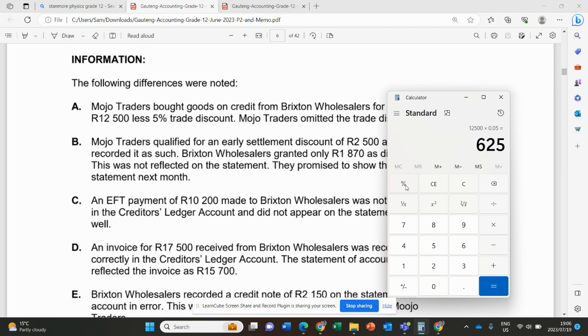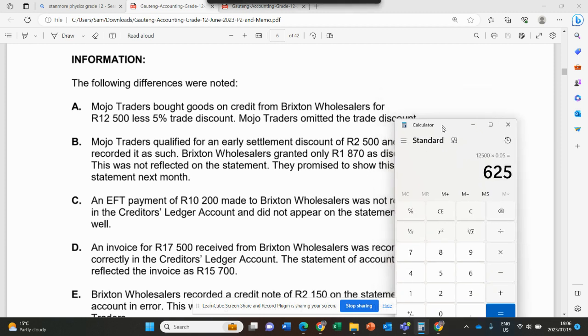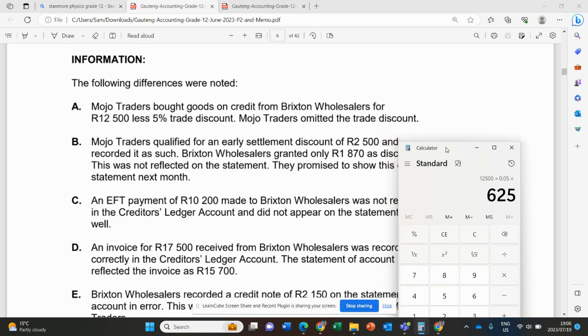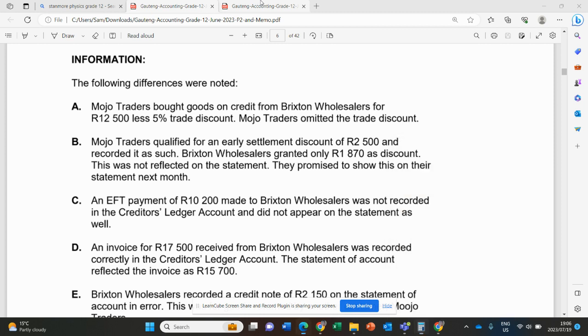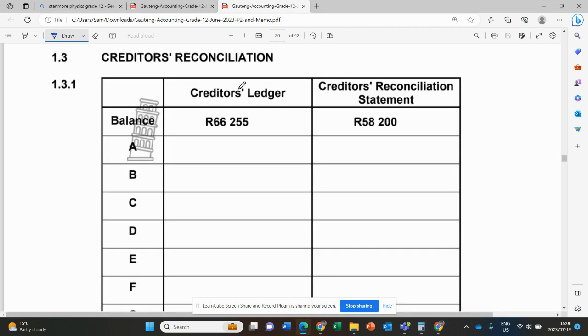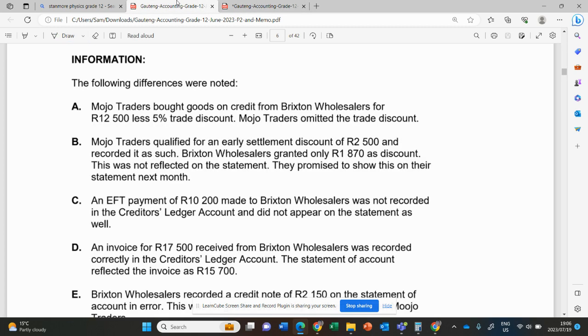Then it's just 625. Then 625 was what? Was omitted. Are we together? So this is the discount that was omitted. Then now we're going to subtract a discount here of 625 because it was omitted. The discount reduces what? The account.